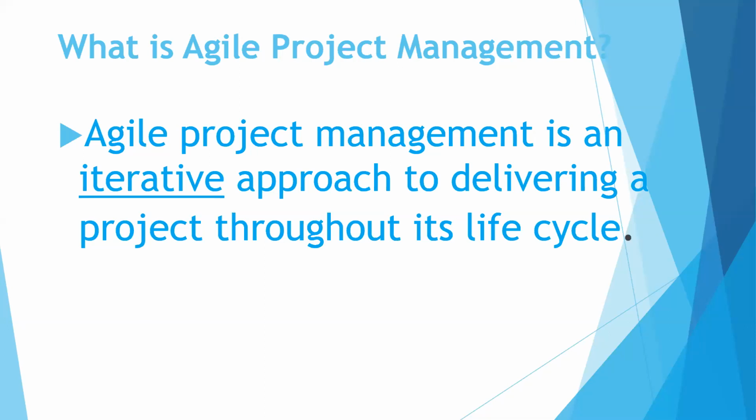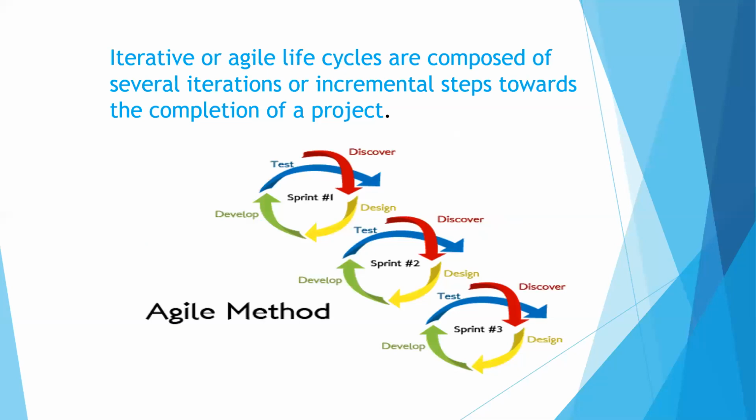So that is just an overview of agile methodology definition. As I've said, the agile lifecycle is composed of small iterations and incremental steps towards completion of the project lifecycle. You do a bit of sprint one, a bit of sprint two, a bit of sprint three.